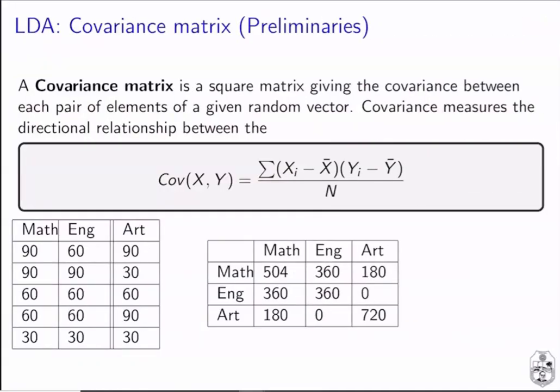Before explaining the actual working of multivariate linear discriminant analysis, it is based upon a statistical concept called the covariance matrix, and here I am going to define what is meant by a covariance matrix. A covariance matrix is a square matrix giving the covariance between each pair of elements of a given random vector.